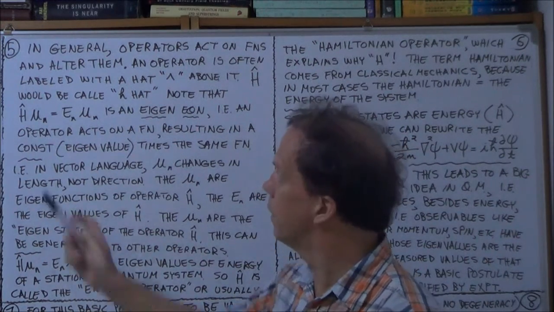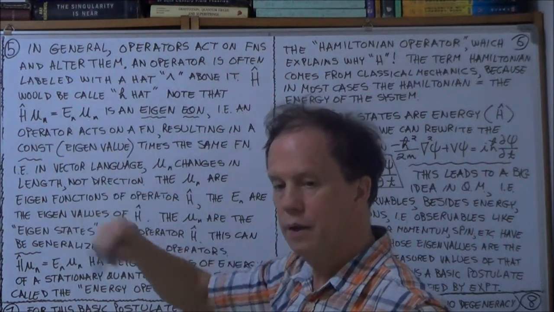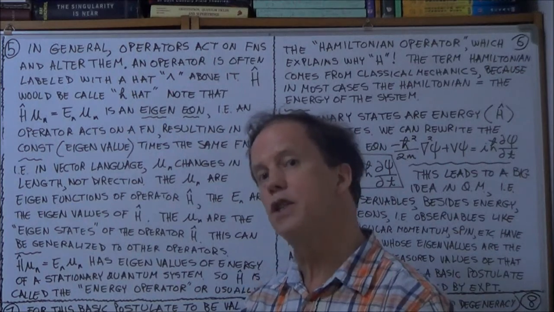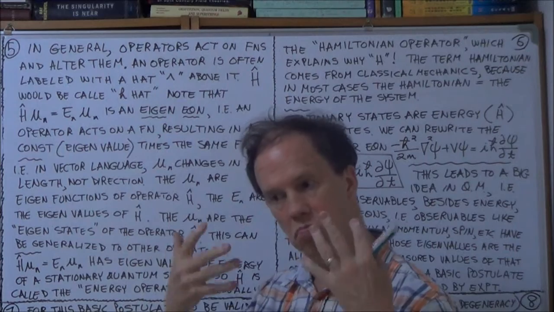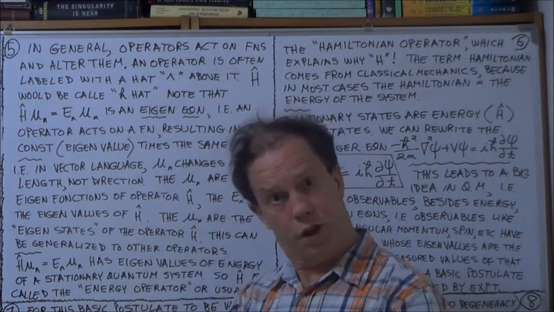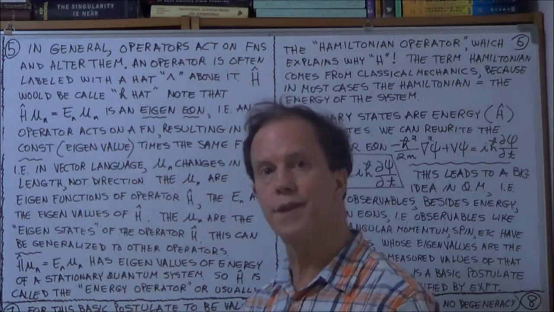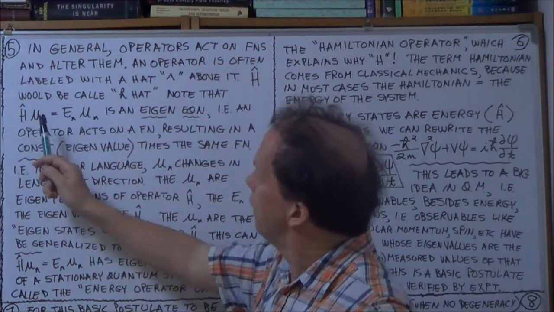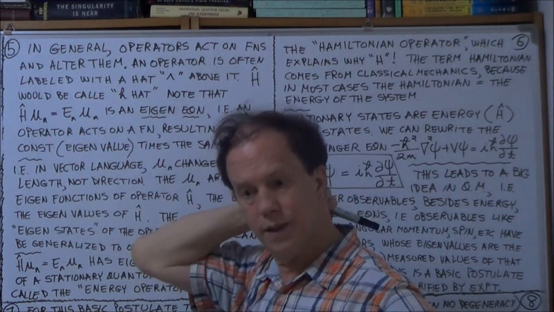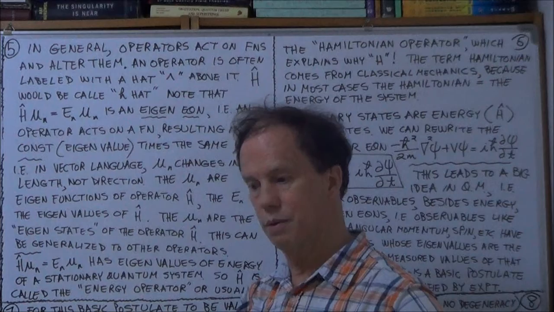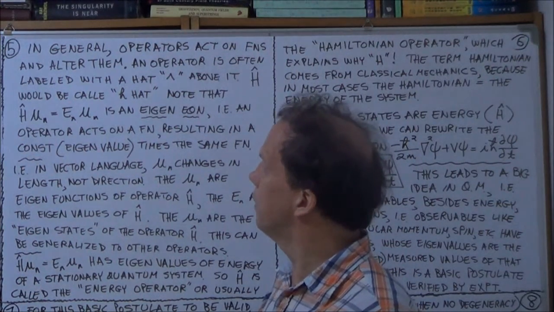So the eigenvalues are allowed energies, discrete, quantized, allowed energies in your quantum system. And these are your kets, your eigenstates, your solutions, your wave functions, if you like, to your quantum system.